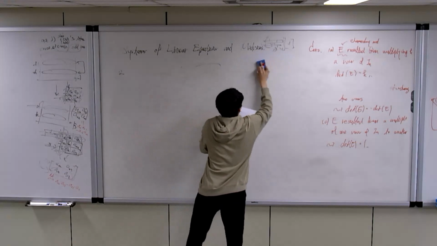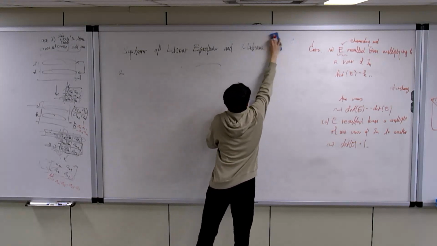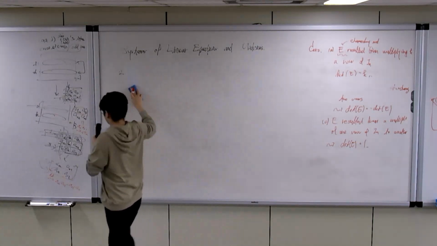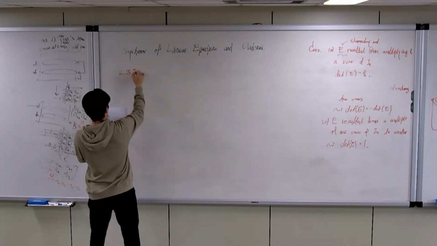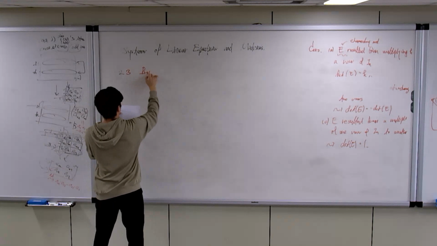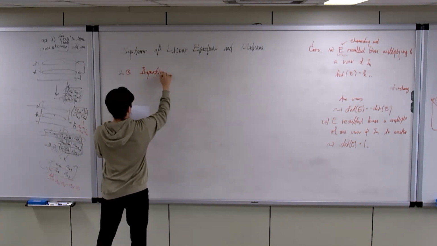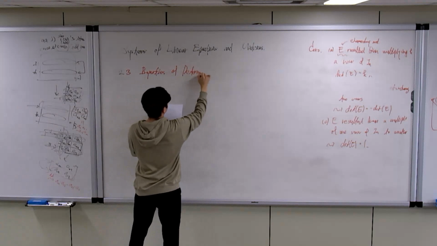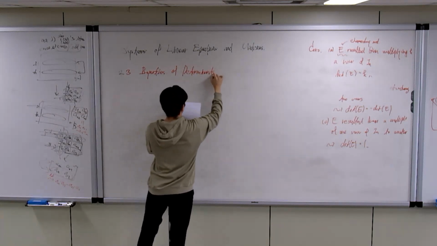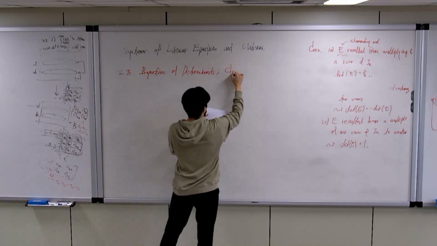As the next chapter, we will see some properties of determinants and Cramer's rule.